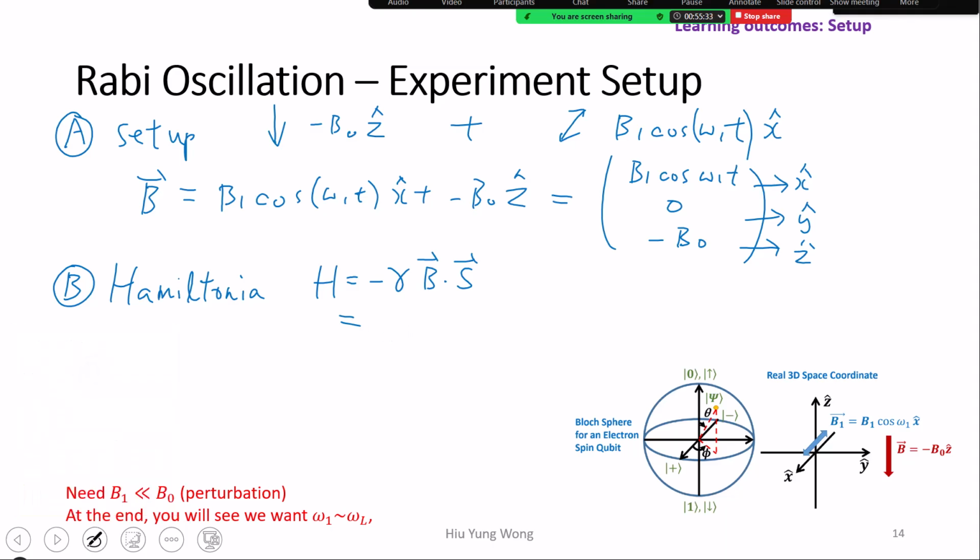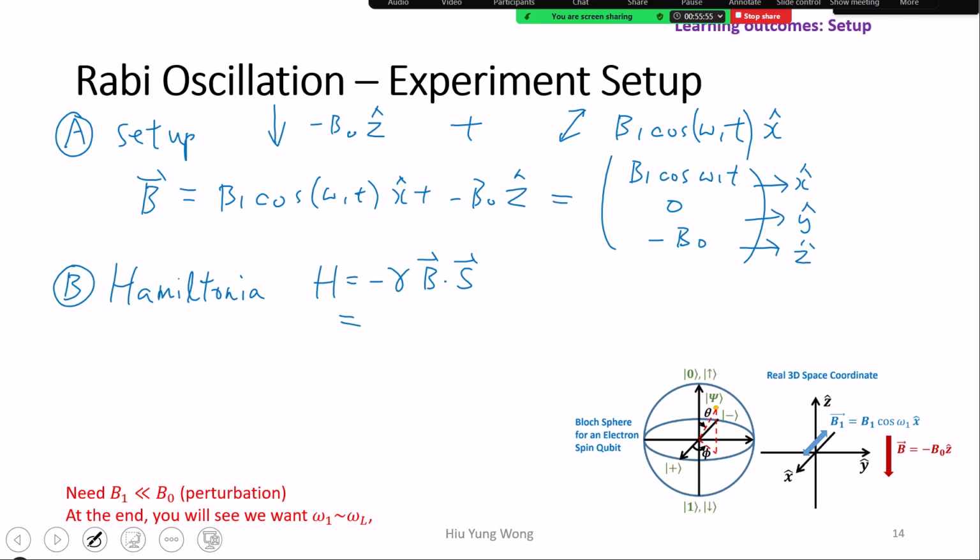Then it becomes plus negative gamma. So this becomes positive. So my cheat sheet has a problem. Remember, gamma is negative because it's an electron.